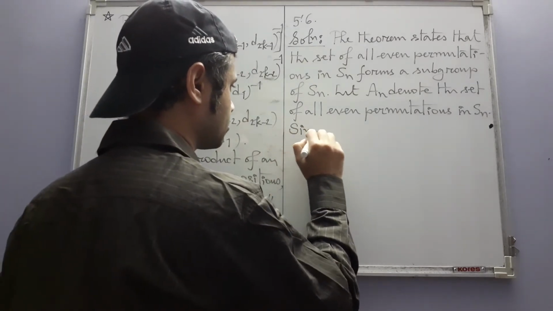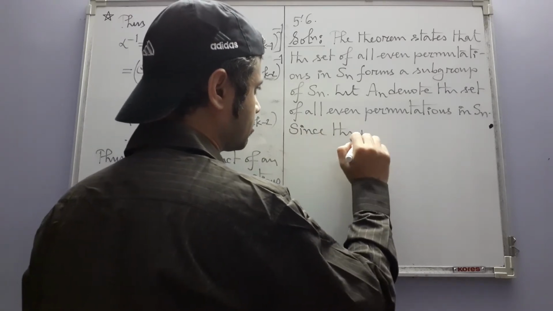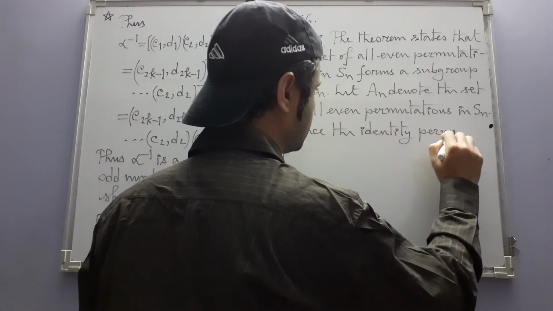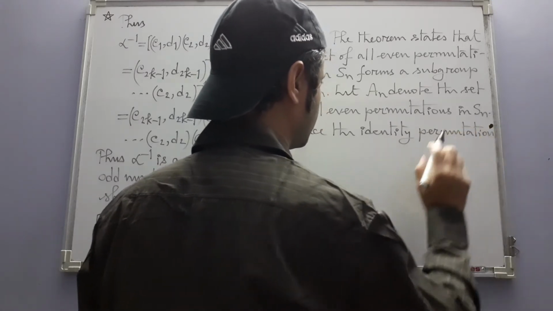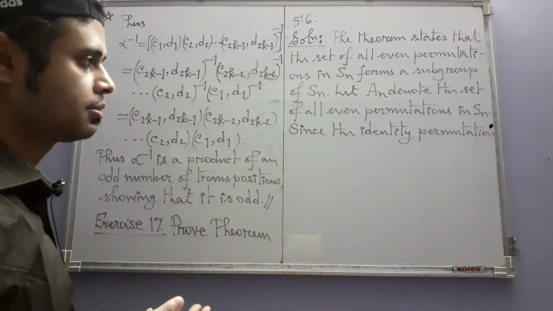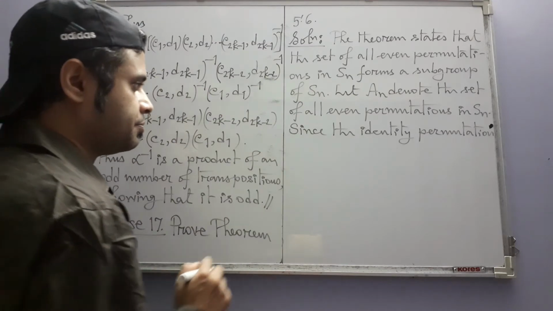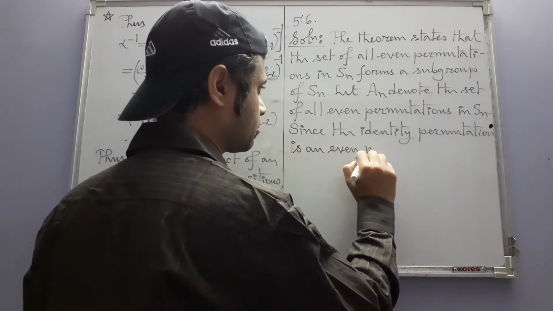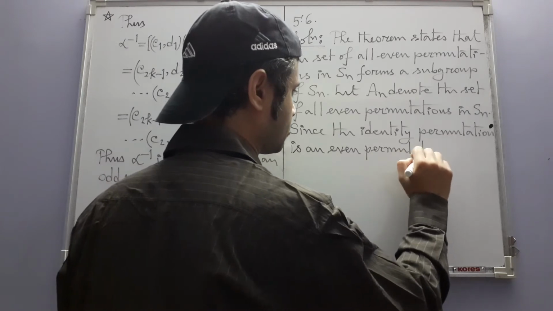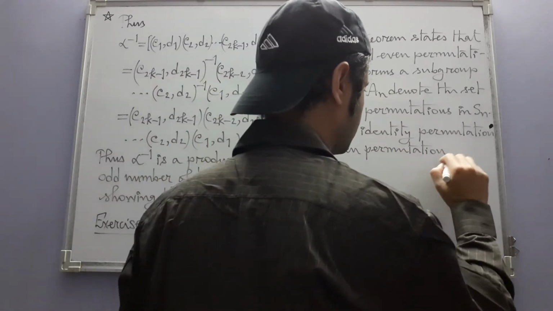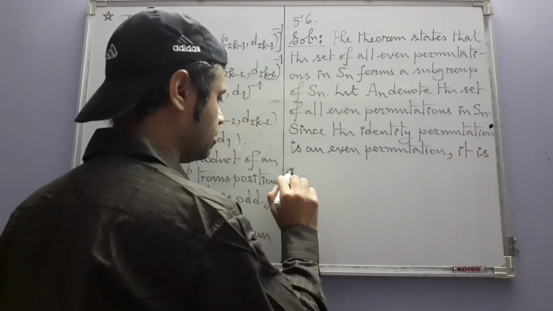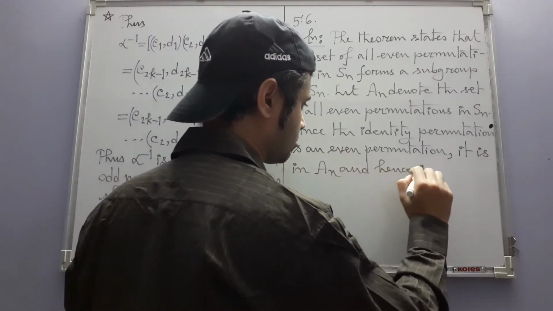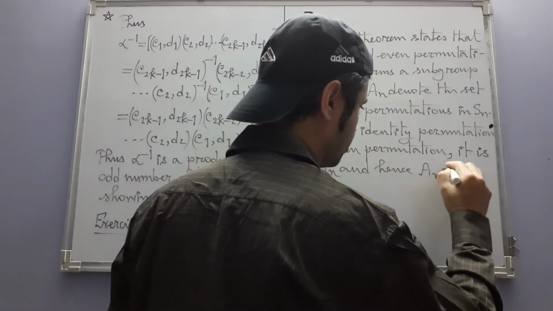Since the identity permutation, which does not change any of the n symbols, is an even permutation, it is in An, and hence An is non-empty.